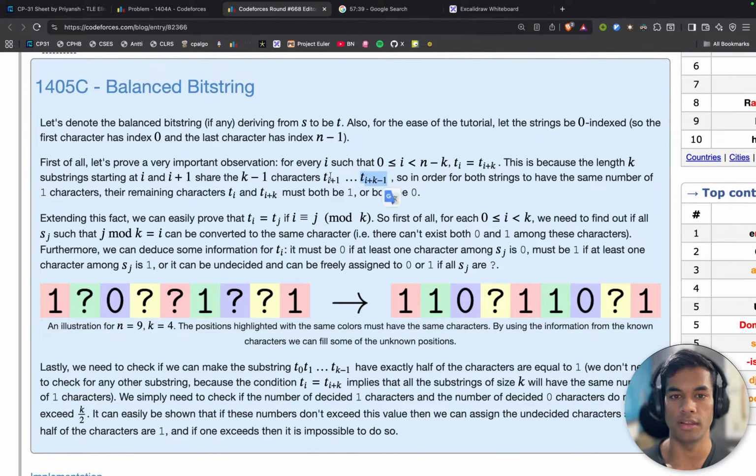This is the last character in this finished string, where Ti is the first character.